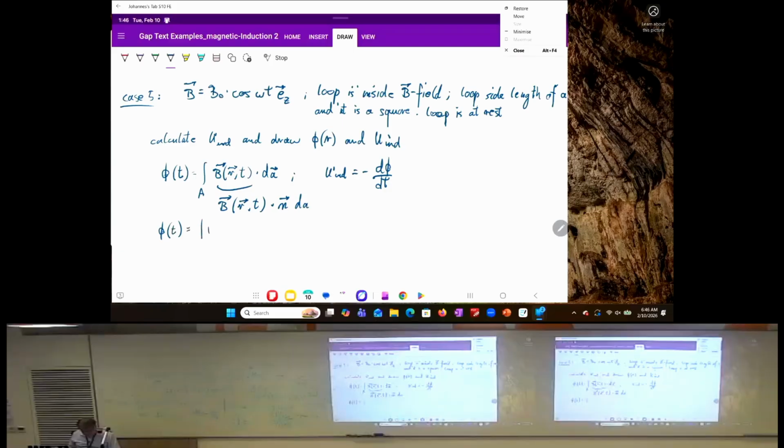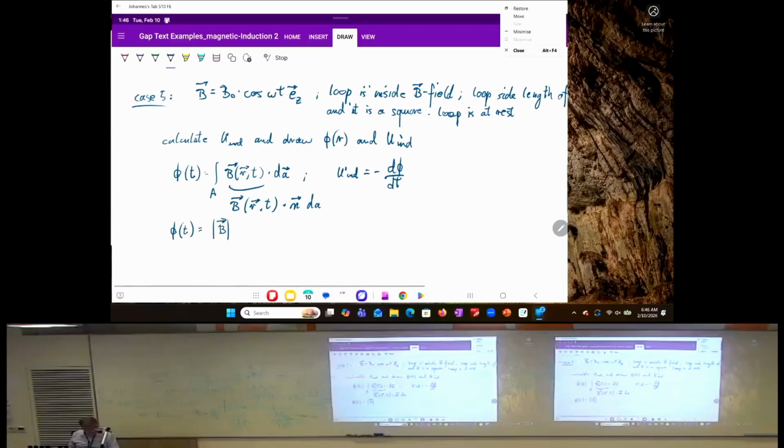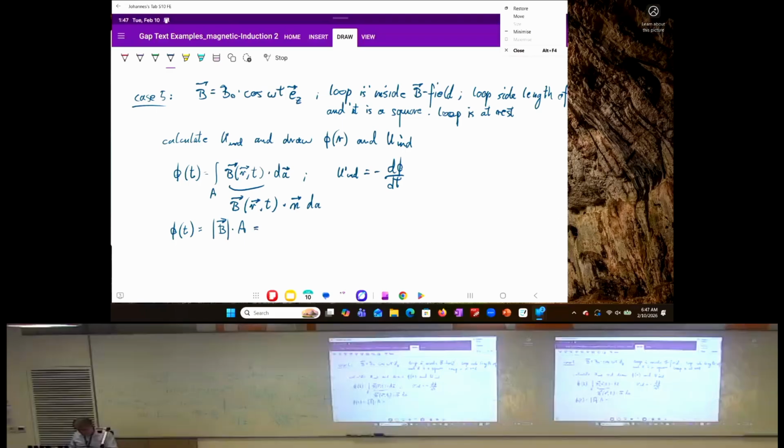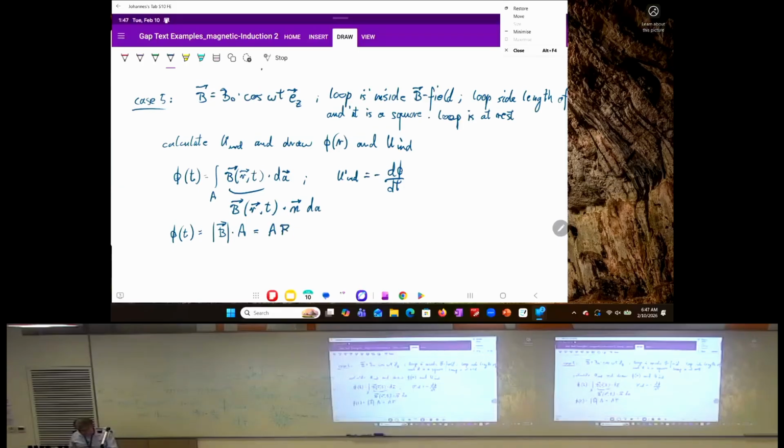That would be given by the magnitude of B, and by the size of the loop, whether it is aligned with the B field or not. That enters into A for the area, the square size of the loop.